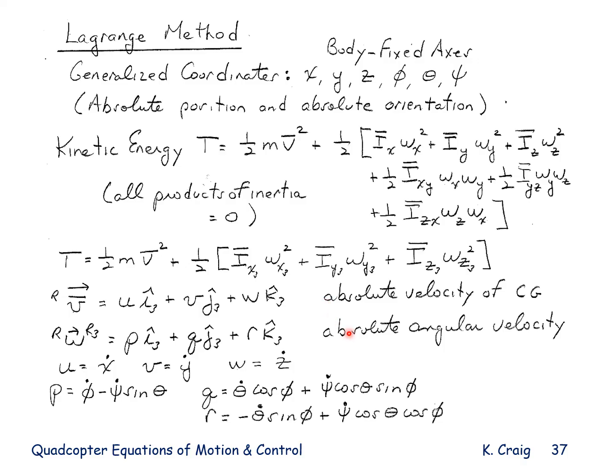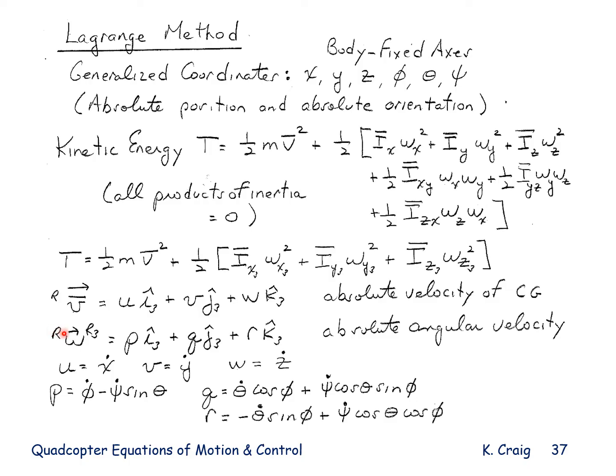Similarly, the absolute angular velocity of the quadcopter is given by this expression. This is the angular velocity of the quadcopter, the R3 reference frame, in the R reference frame, the ground or inertial reference frame.